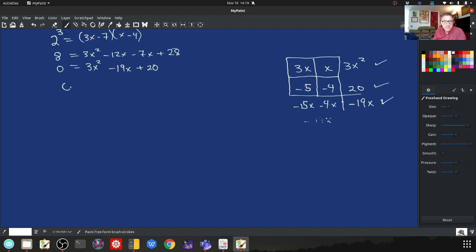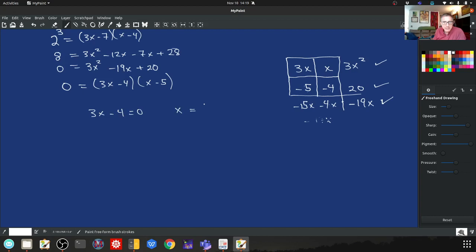So I have the factorization 0 is equal to 3x minus 4 times x minus 5. So I set each one of these values equal to 0 and solve for x.